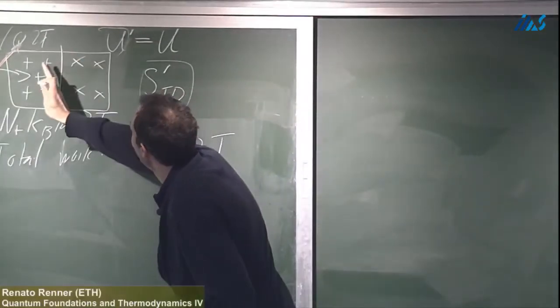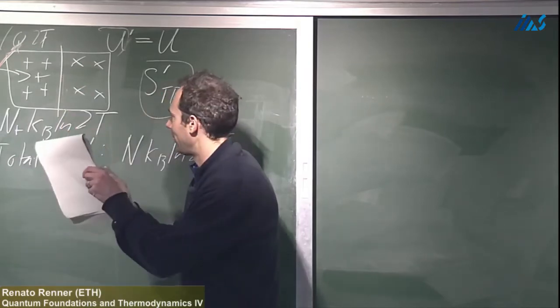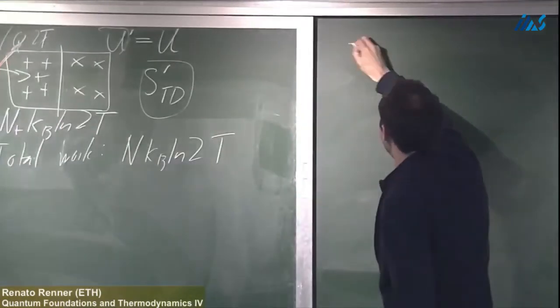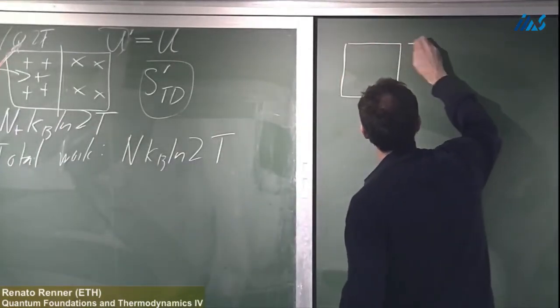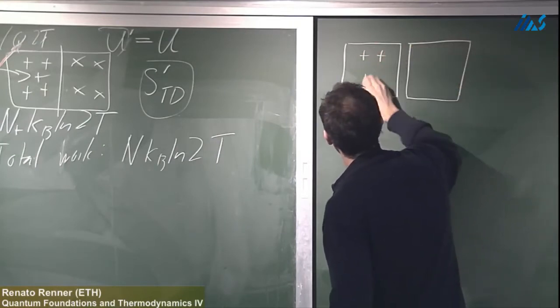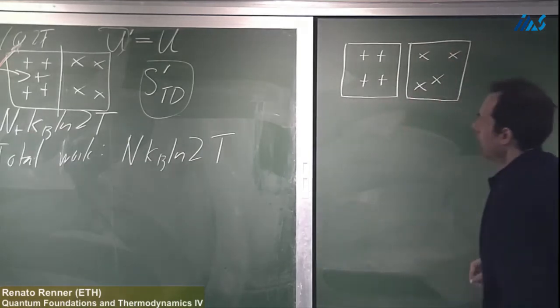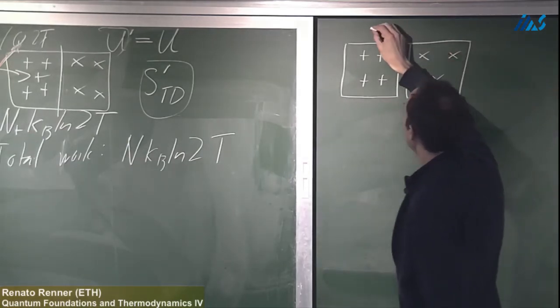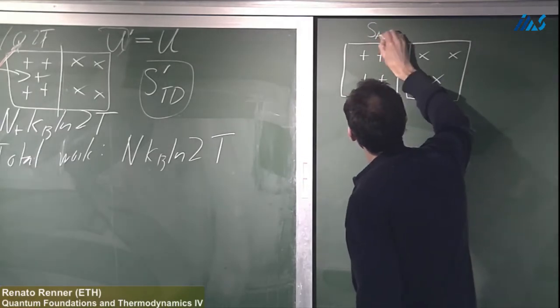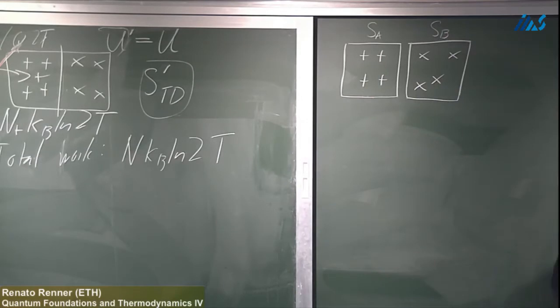And of course, once I have this picture, I can insert here a wall and separate the two compartments. So I could think of it like that. There are two boxes. One box contains the plus particles, and the other one contains the times particles. And these boxes have some entropy. Because the entropy reference point is not fixed, I can always start from something.